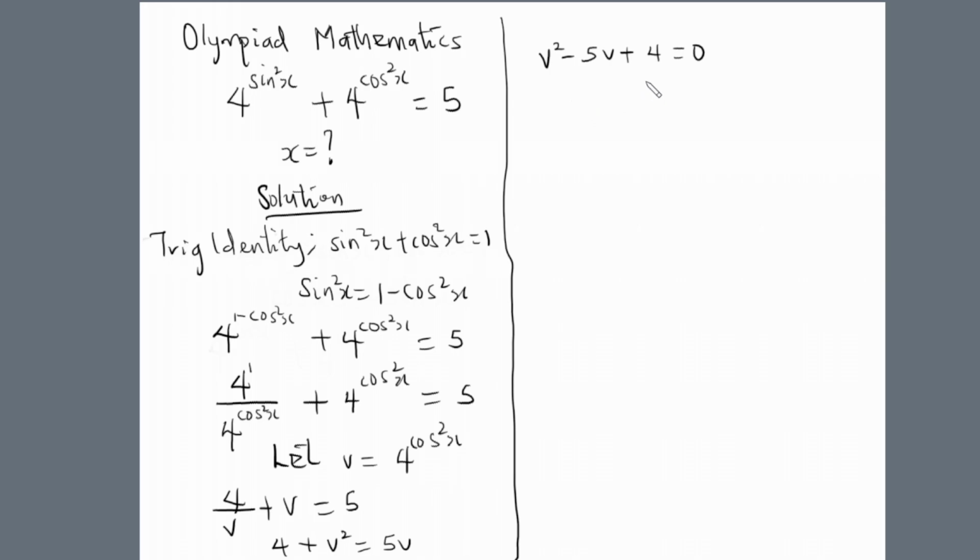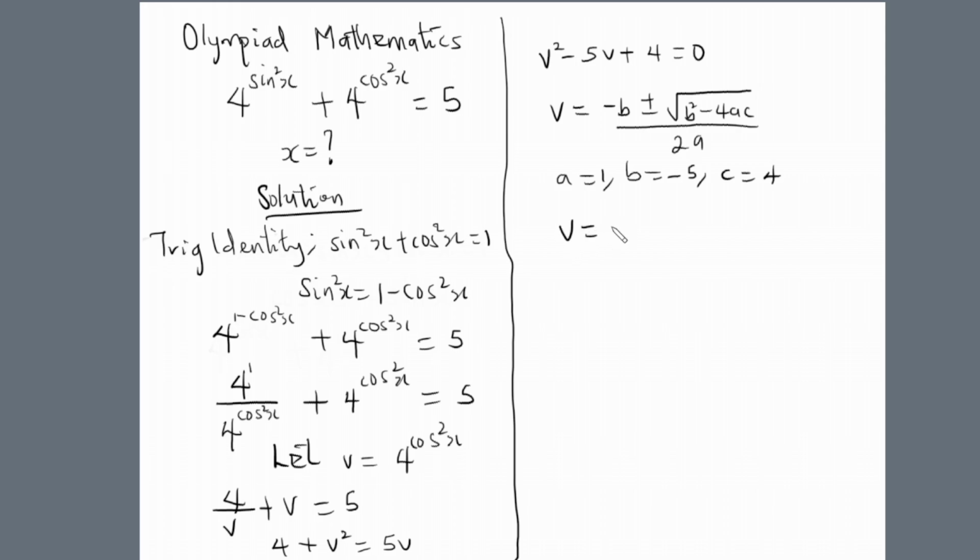Well, you can use the quadratic formula, which is v equals minus b plus or minus the square root of b squared minus 4ac, over 2a. From this question, a is the coefficient of v squared, 1; b is the coefficient of v, minus 5; and c is the constant, 4.